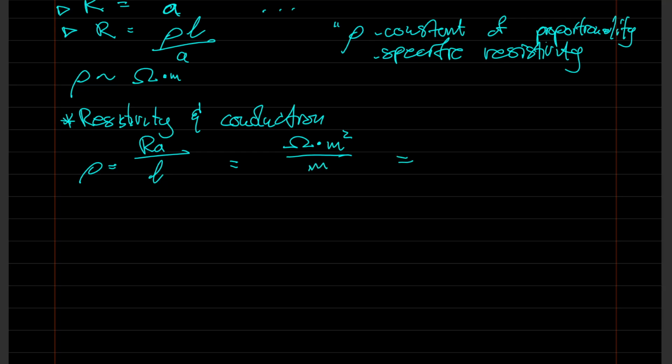Now one meter will cancel out, and one will be left, which means we got rho in ohm meters as our units. Now let's write down its definition so that we do not forget.